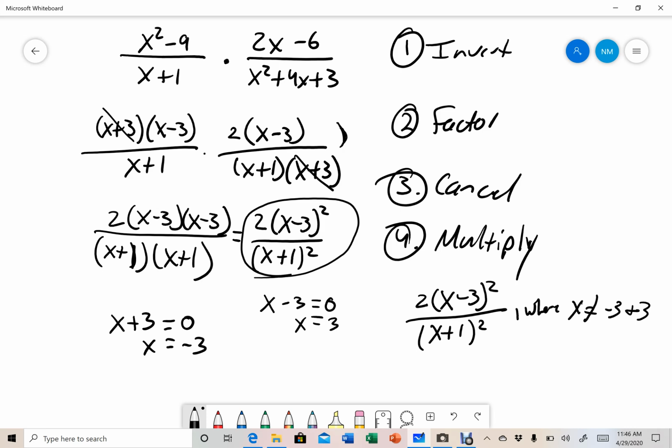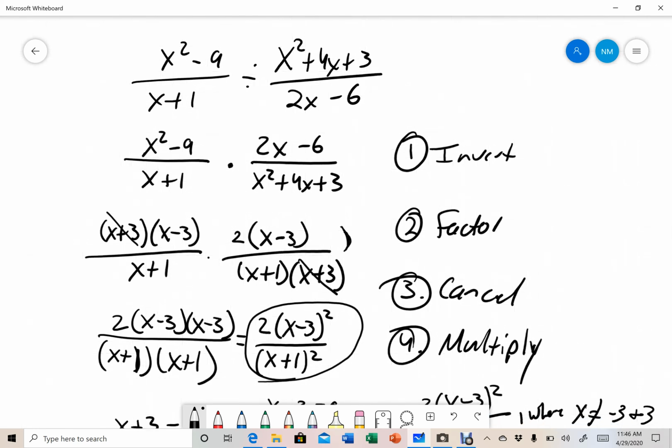Before we inverted our fraction, this here was our denominator. It was our original denominator. We inverted it. Now remember, anything that was in our original denominator that's canceled has to be excluded at the end, all right?